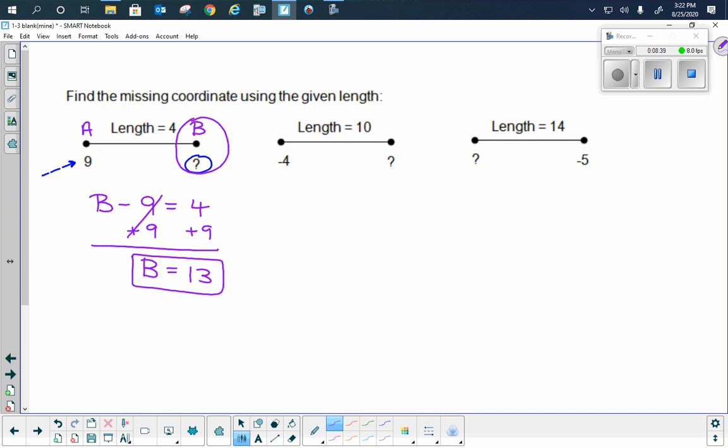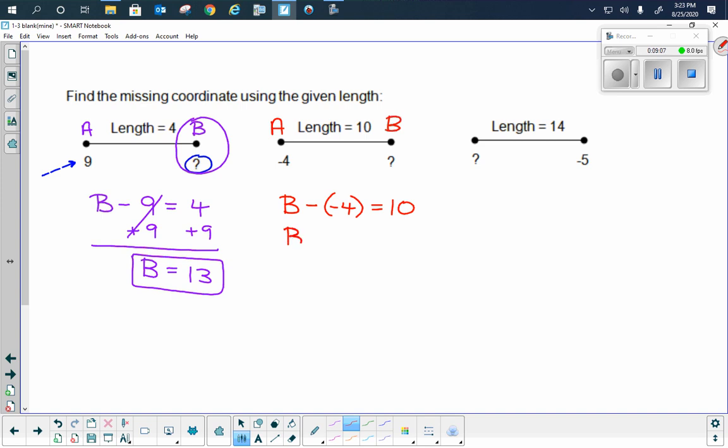Okay, if we do another one here, let's say we go with this being A, this being B. Think about setting up your equation there for yourself. So whatever's on the right, the bigger number, minus the smaller number, which is negative 4, so you need some parentheses because it's negative negative, is supposed to equal length.